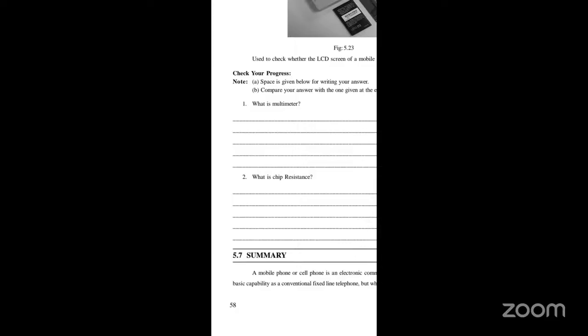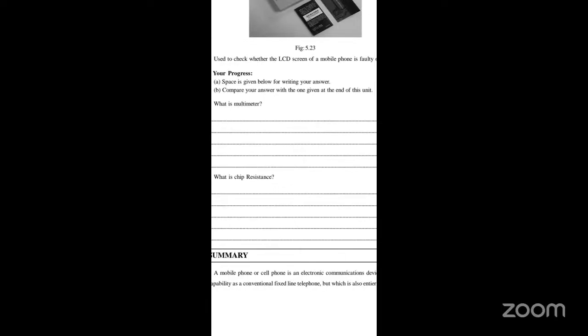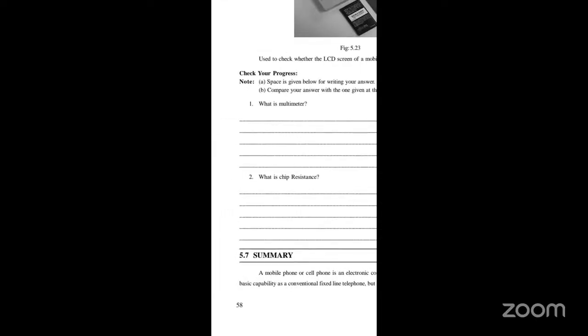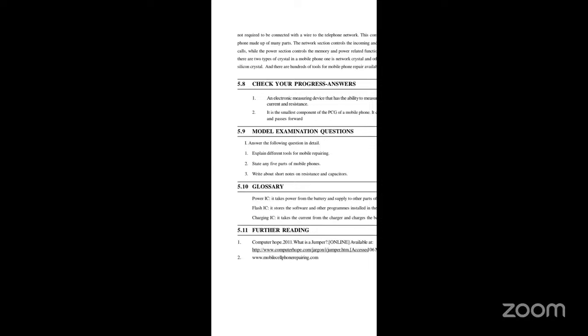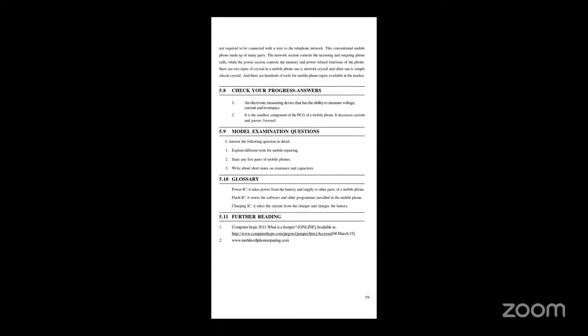A mobile phone or cell phone is an electronic communication device with the same basic capability as a conventional fixed line telephone, but which is also entirely portable and is not required to be connected with a wire to the telephone network.